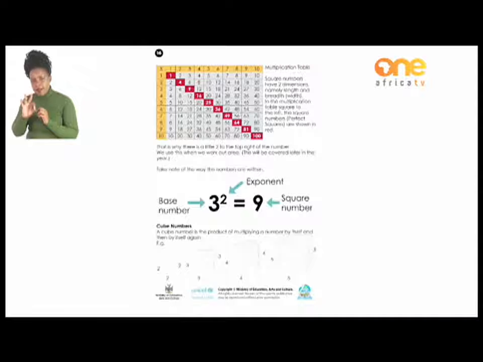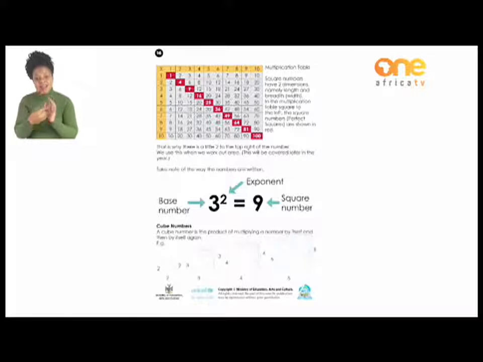We are done with the square numbers, so we have to go to the cube numbers to read through. A cube number is a product of multiplying a number by itself and then by itself again. So that number has to appear 3 times.